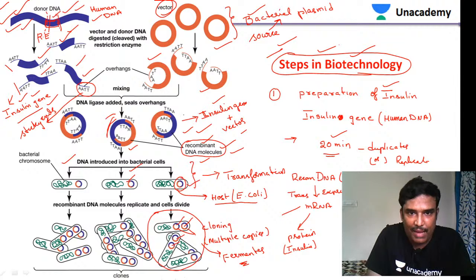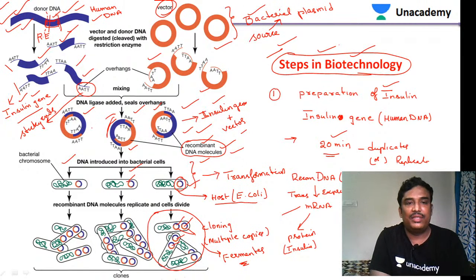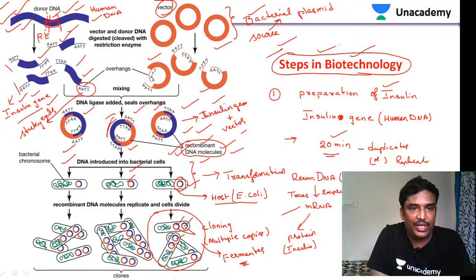The same thing happened, and finally insertion took place. Here you can see 3 successful insertions, and those are called recombinant DNA molecules. Three recombinant DNA molecules are shown in the picture.